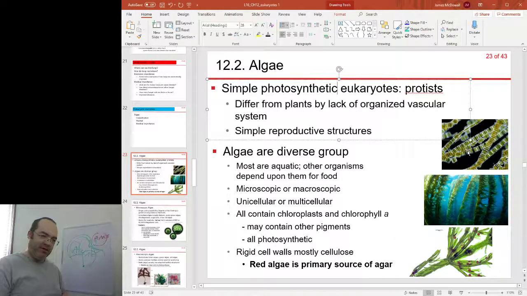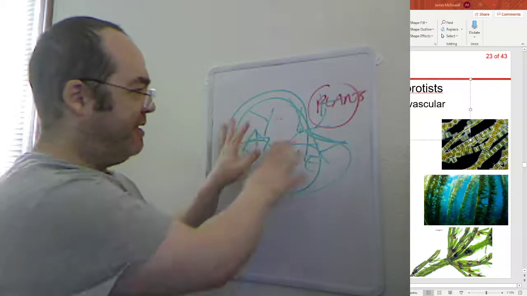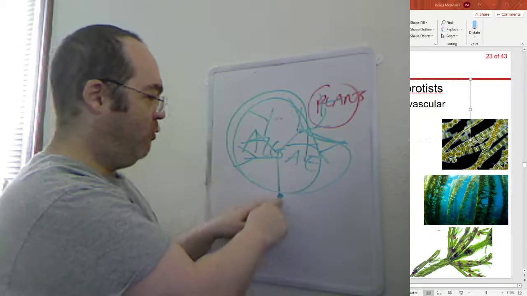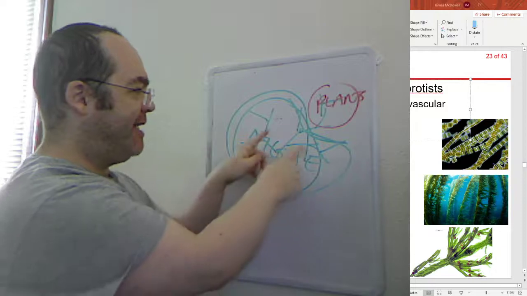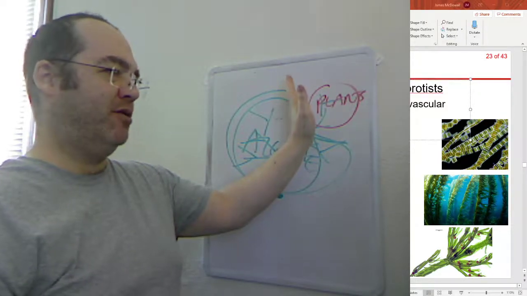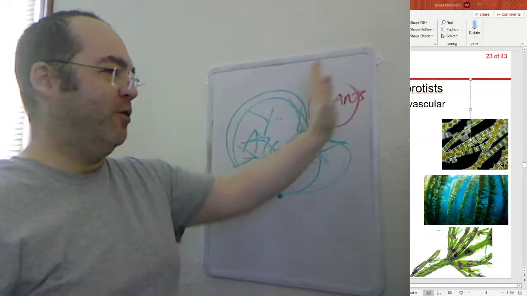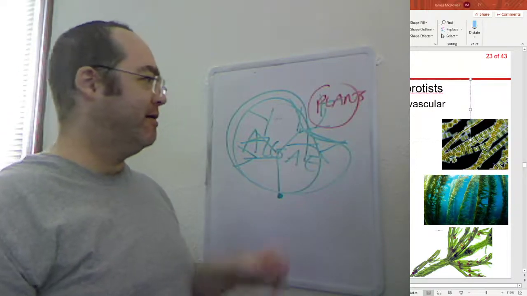The difference between the algae and the plants is really non-existent in terms of evolutionary relatedness. So all of our things here, all related, all come from a common ancestor, but we have this artificial separation between stuff that we lump as algae on this side and stuff that we lump as plants on that side.